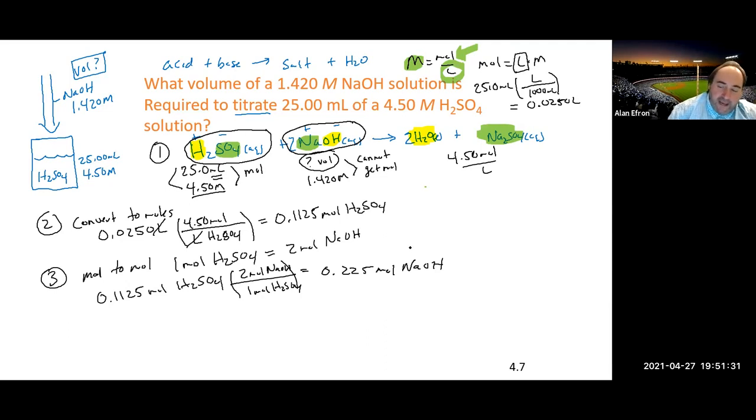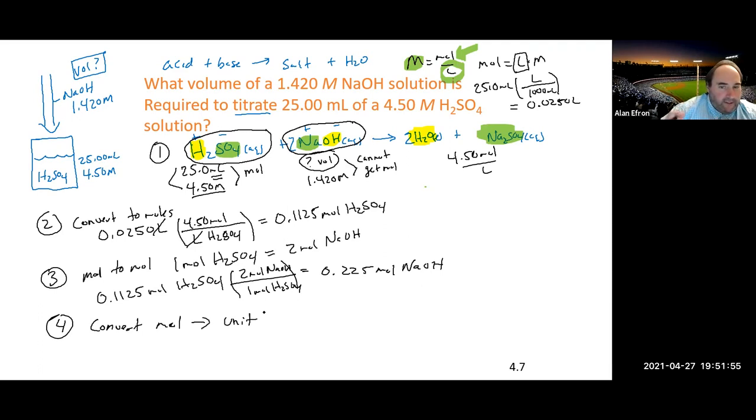Now, another very common difference between a regular stoichiometry problem and a solution stoichiometry problem is actually this very last step, which is step number 4. So if you remember in our basic stoichiometry problem, at step number 4, we're going to convert moles to some other unit.